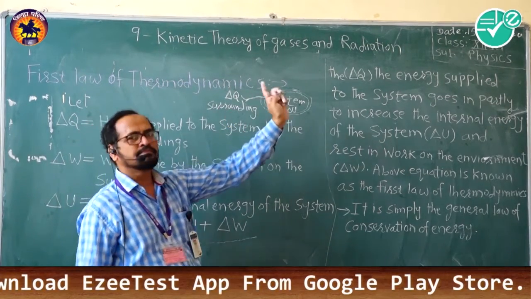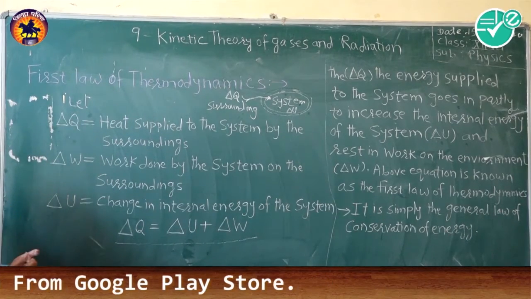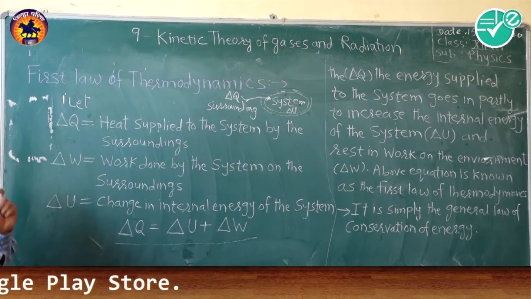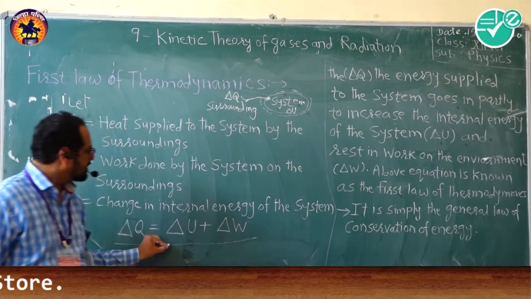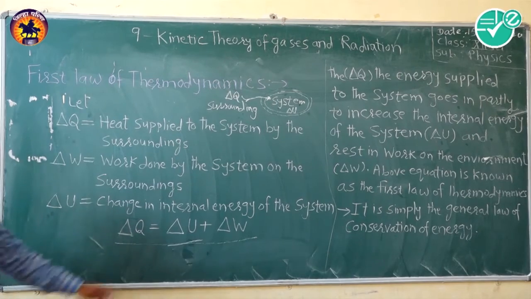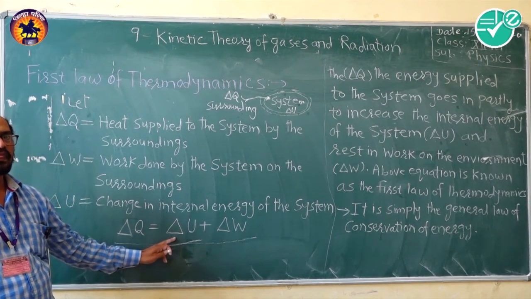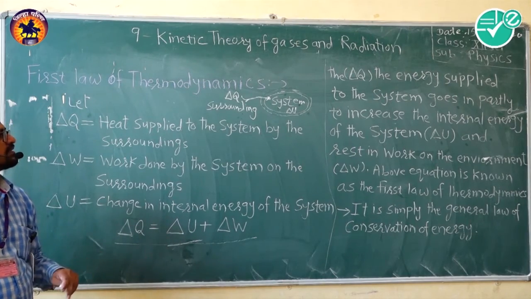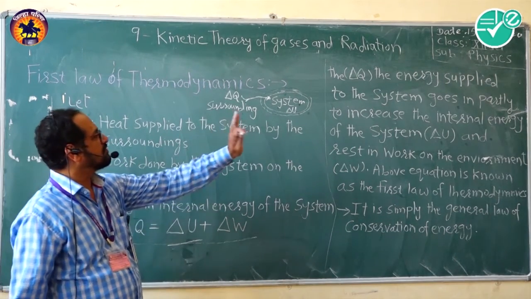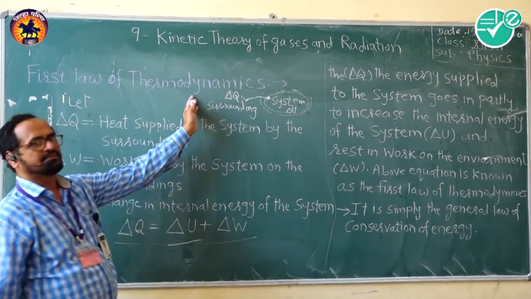Since they have different temperatures, heat will be supplied to the system. Due to that, the energy of the system, for which we use the term internal energy of the system, increases, and after that some amount of work is done by the system on the surrounding.